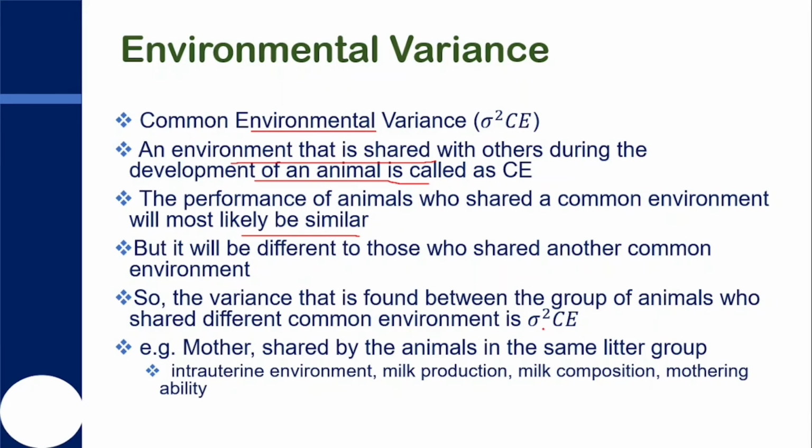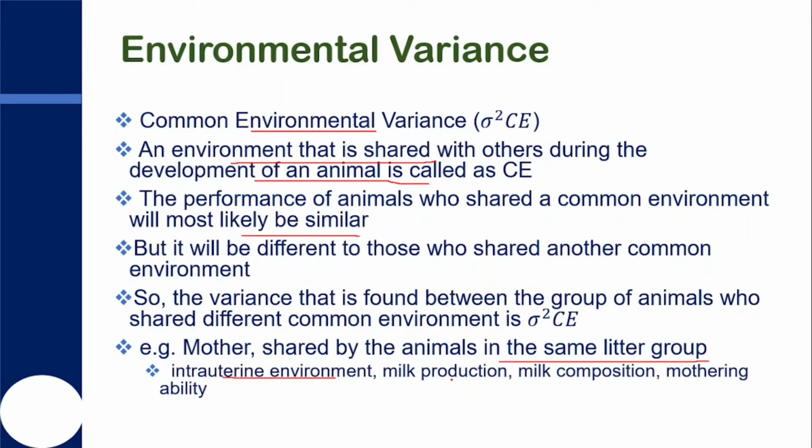An example can be seen in the same litter group. In animals that produce more than one offspring in a litter, we can see the effect of common environmental variance in their lifetime. For example, the dam is shared by the animals in the same litter group, and these animals also share the intrauterine environment, so their performance will most likely be similar.